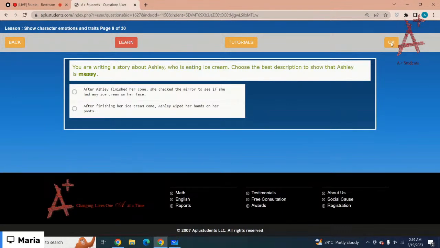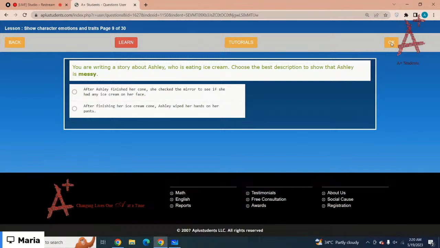You're writing a story about Ashley who is eating ice cream. Choose the best description to show that Ashley is messy. After Ashley finished her cone, she checked the mirror to see if she had any ice cream on her face. After finishing her ice cream cone, Ashley wiped her hands on her pants.